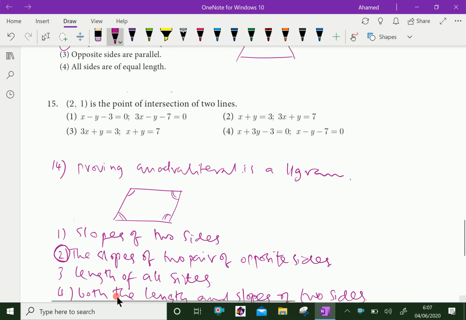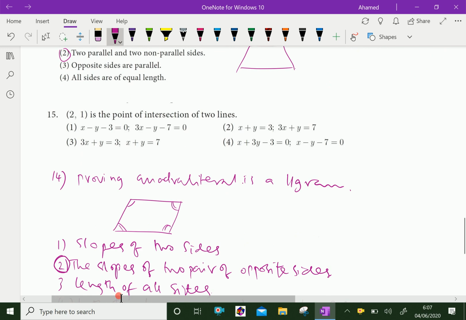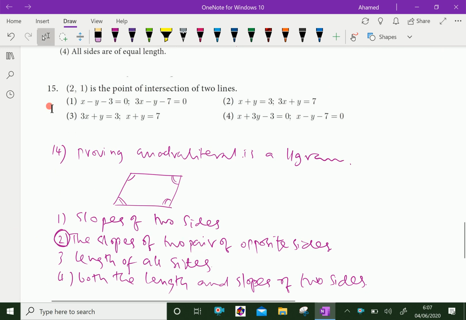Next question number 15. Here 2, 1 is the point of intersection of two lines. We have to substitute 2 as x and 1 as y and check whether it is correct or not. Here y minus x is 2 minus 1 is 1, 1 minus 3 is not 0.